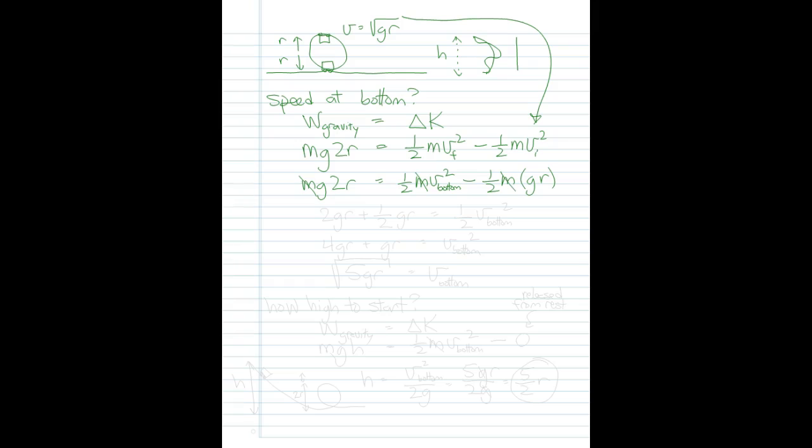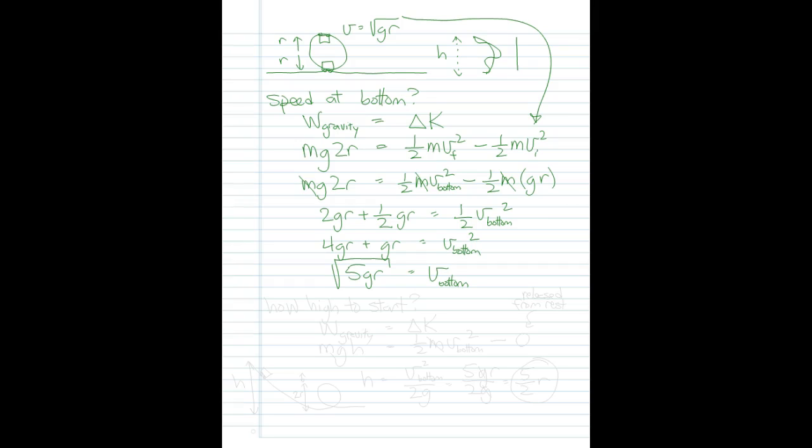We'll divide each side by the mass, and then we get 2gr on one side, and we'll bring like terms together. So this is plus 1/2 gr, and I'm left with 1/2 v bottom squared, and if I multiply through by 2, I get 4gr plus gr, which is v bottom squared, which is 5gr. So the velocity at the bottom is the square root of 5gr, which is of course faster than the square root of gr, as you would expect.